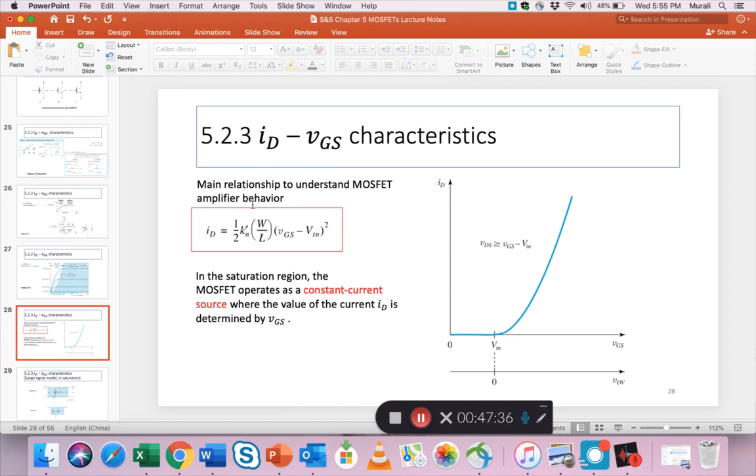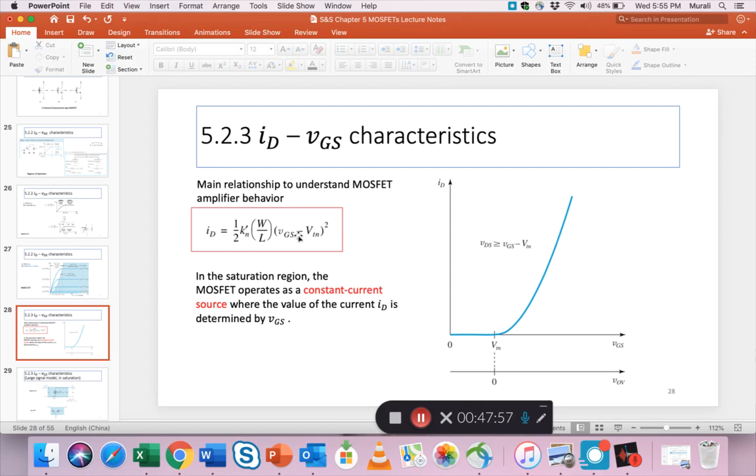We haven't come there yet, but I thought I'd bring it in and show it to you so you start to remember the importance of it. It is shown in this case as VGS minus VTN, where the N came in because now we know both NMOS and PMOS, so we have to differentiate whether we are talking about NMOS or PMOS.